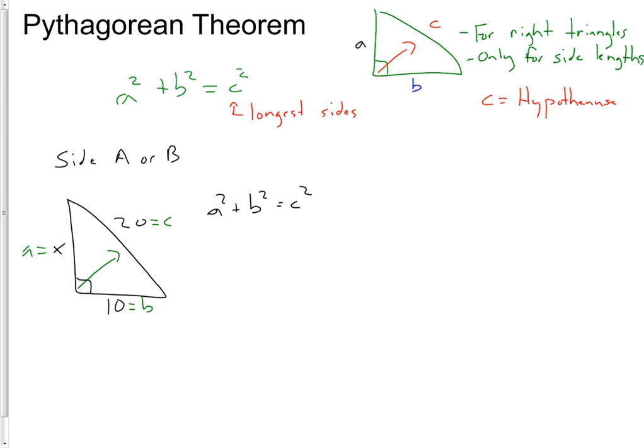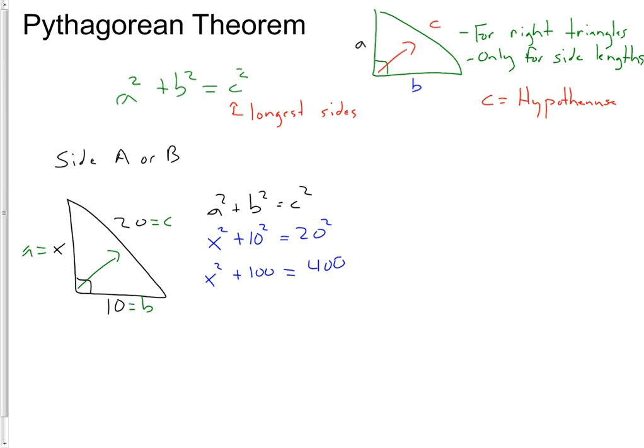Now we're just going to substitute in values here. Instead of A, I'm going to put in x squared plus 10 squared is equal to 20 squared. Then I'm going to expand this out. So I've got x squared plus 100, because 10 squared is 100, and 20 squared is 400.